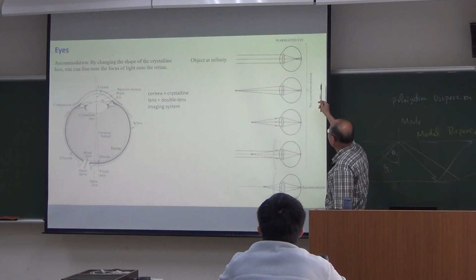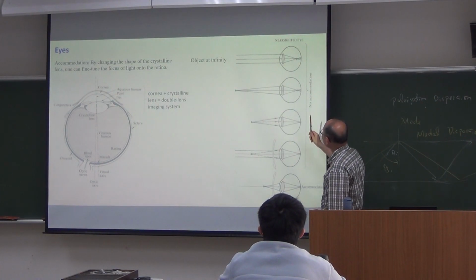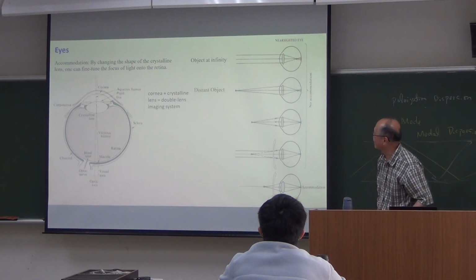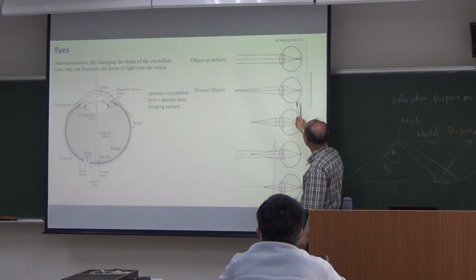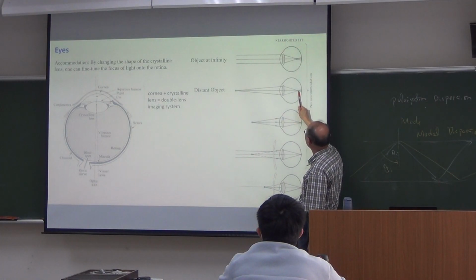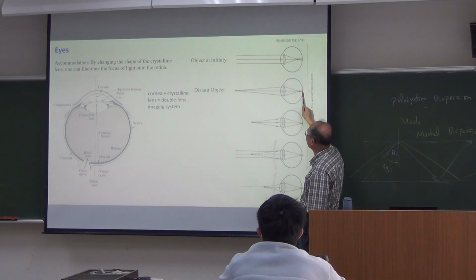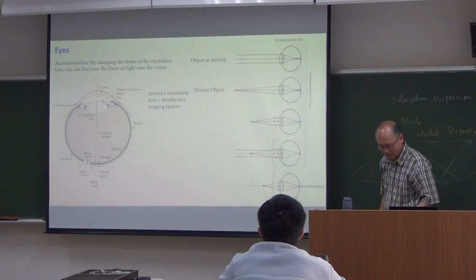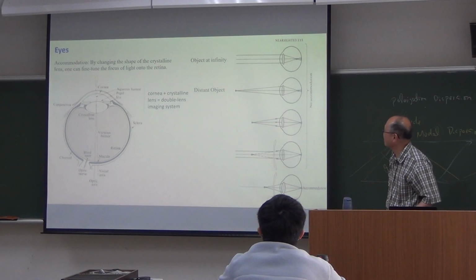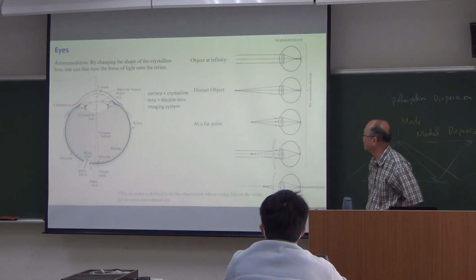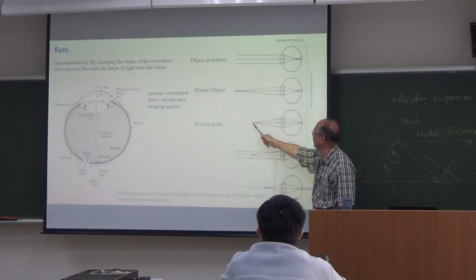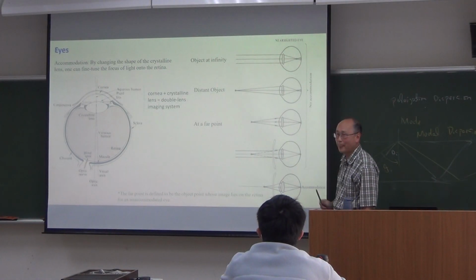And at some far point, some distant point, still the image cannot reach the retina without any accommodation. So only if you bring your object to some point that is not so far, then you see something.